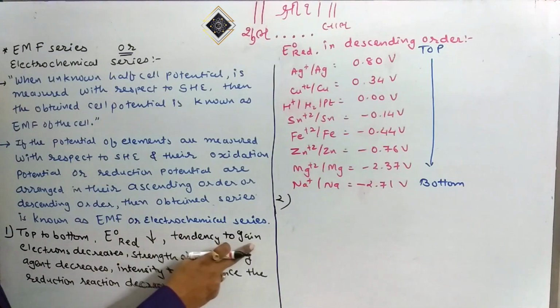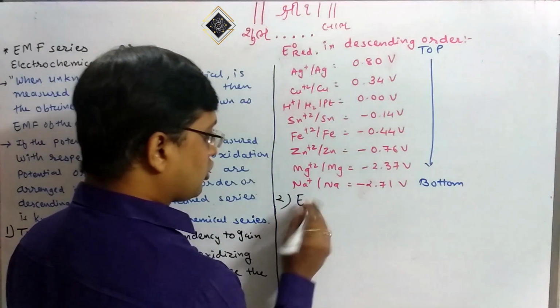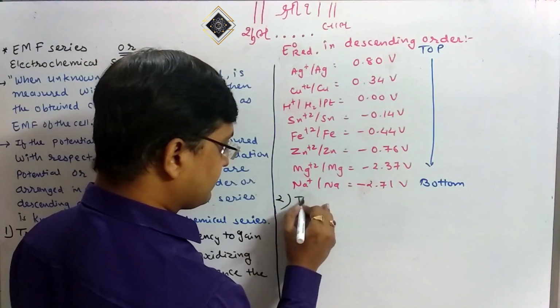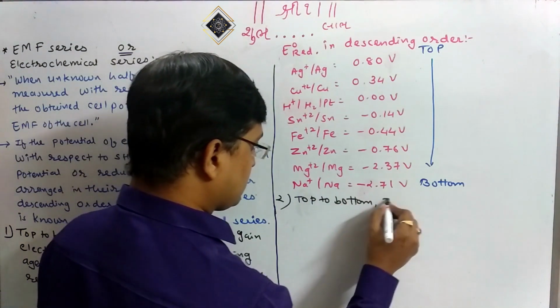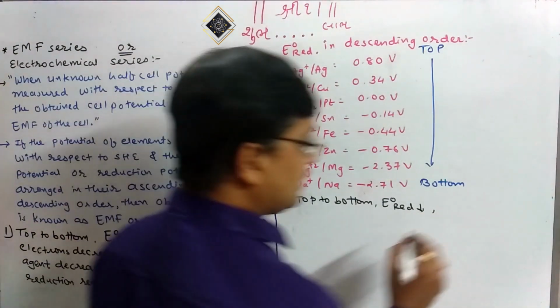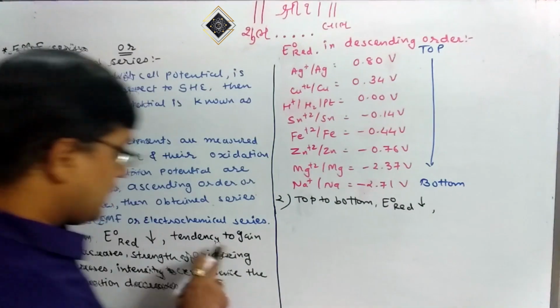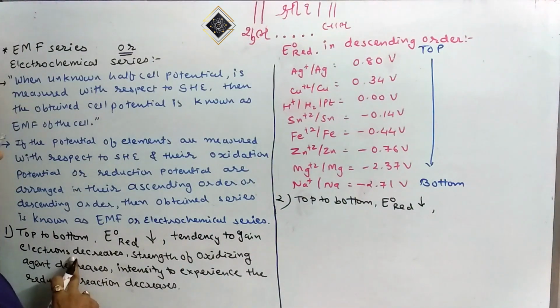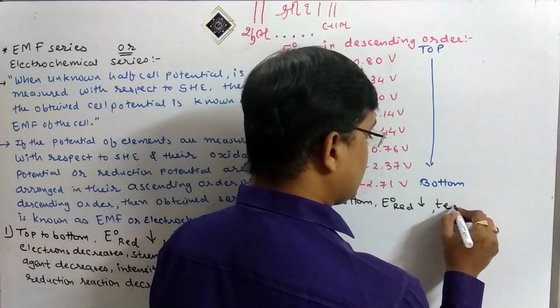Tendency to gain electron decreases, that means with top to bottom E0 reduction decreases. Then with respect to this, in the first case we wrote tendency to gain electron decreases, so here the tendency to lose electron increases.